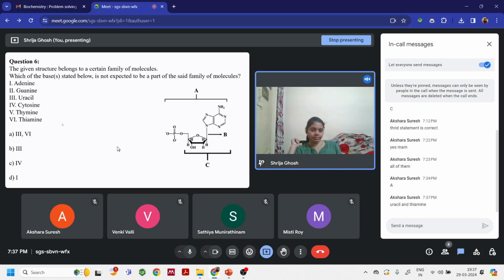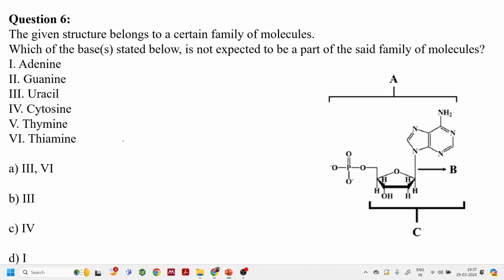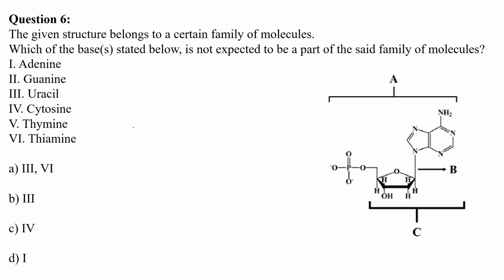Uracil and thiamine. Yes, Akshara has answered here, uracil and thiamine. So do you know why this is the correct answer? If you see here in this sugar, you have to observe this particular group. We have only hydrogen here. You remember we had two types of molecules, a ribose sugar and a deoxyribose sugar.